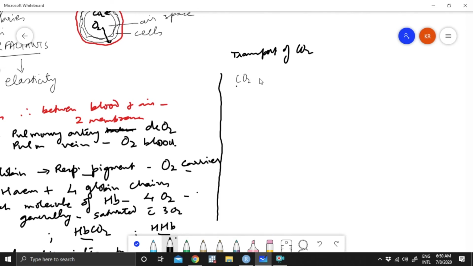See, CO2 plus H2O, these are metabolites in tissue. So a lot of CO2 is produced in the tissue because of metabolic reaction. So this combination of CO2 and H2O does not take place much in the tissue.